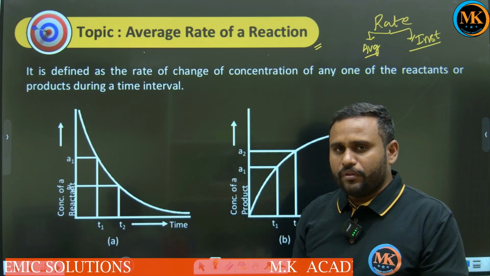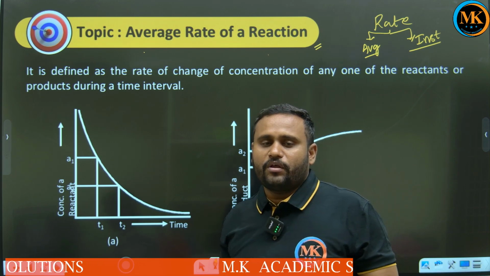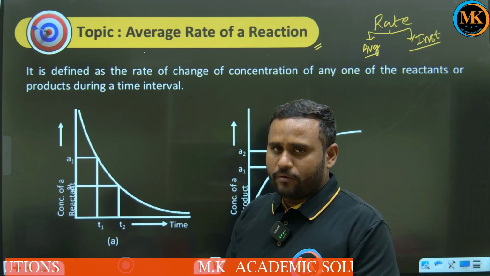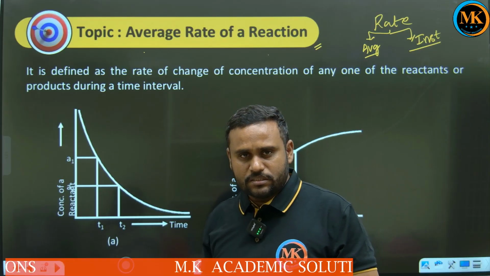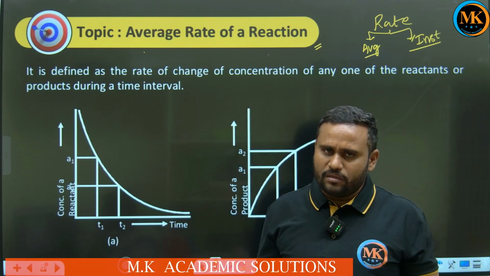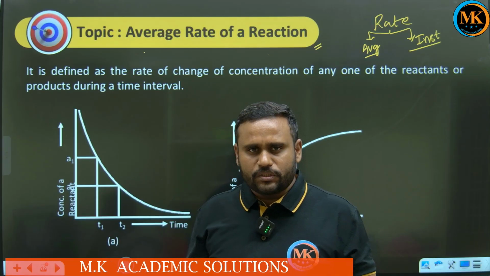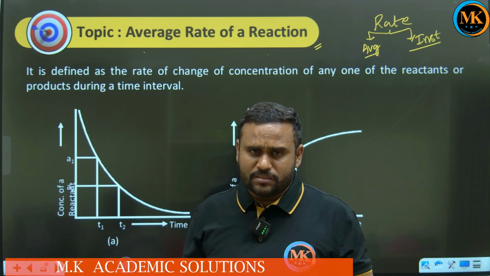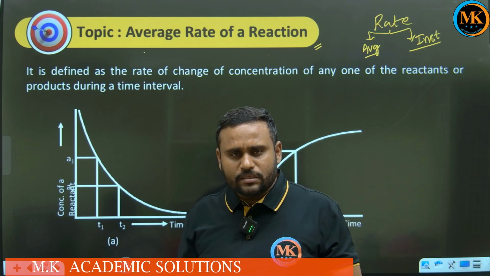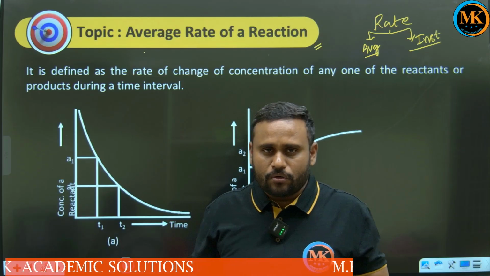Before knowing that, we should know one more important thing: the laws of chemical kinetics are applicable only for moderate reactions, but not for very fast reactions and very slow reactions. Why? Because in very fast reactions we are unable to measure the rate, and in very slow reactions even if you measure the rate there is no use.